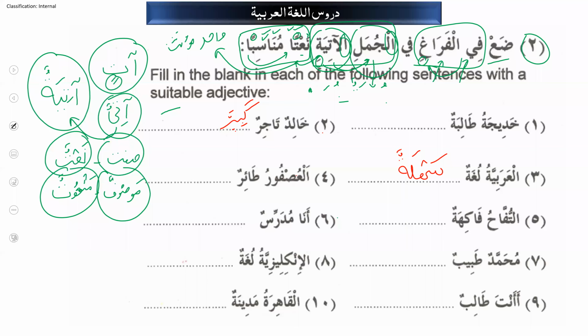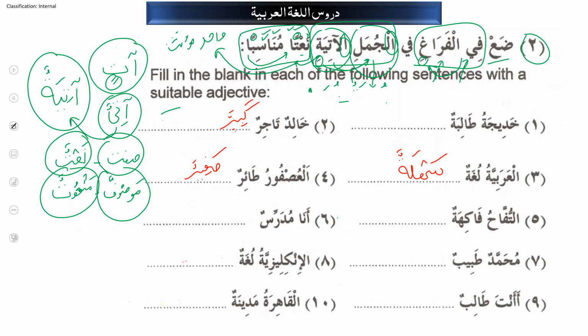It is a verb. So bring an adjective. Tell me, a bird can be what? Small, big, beautiful, bad. It can be small, which we did last time, which is صغير. العصفور طائر جميل. The sparrow is a beautiful bird.